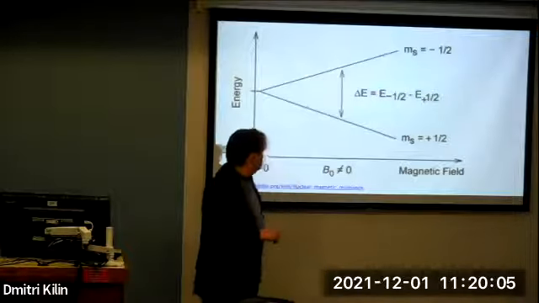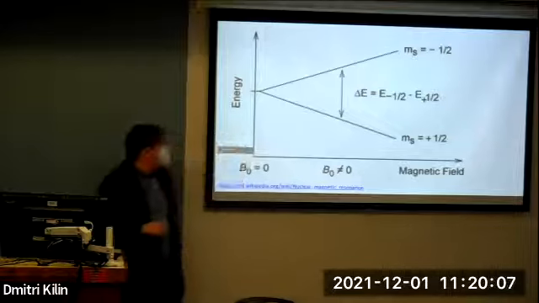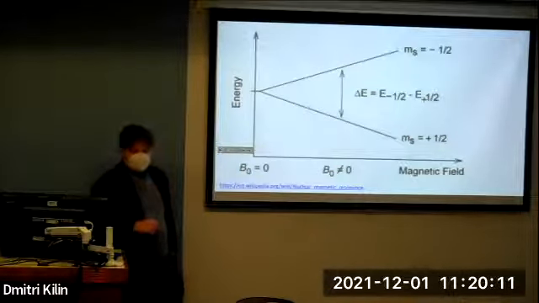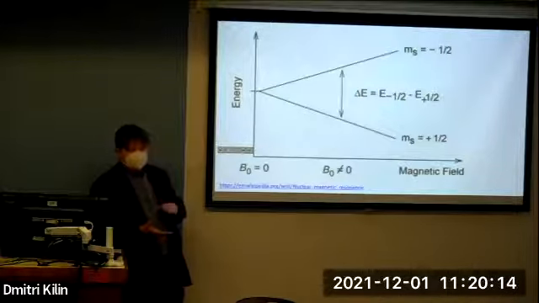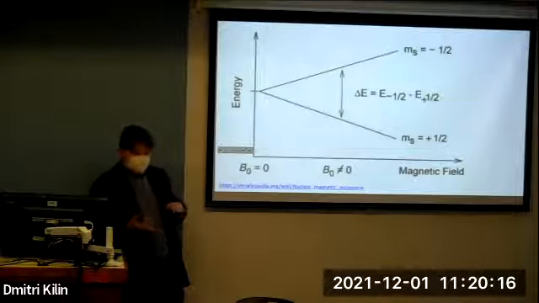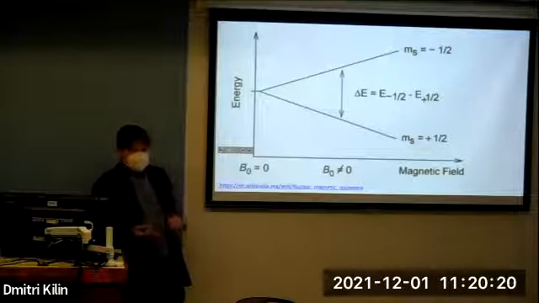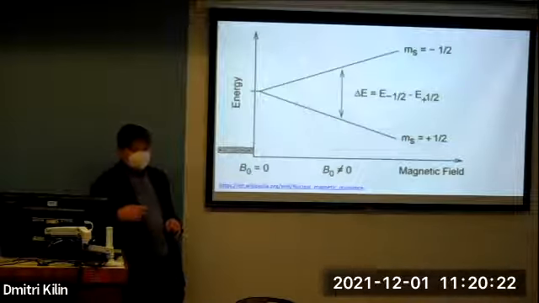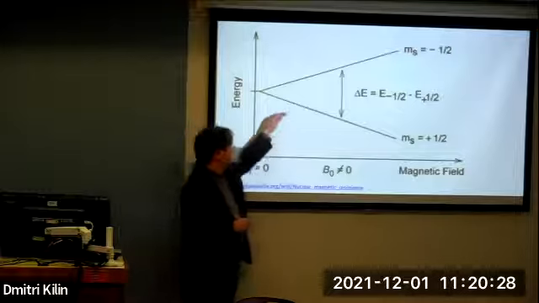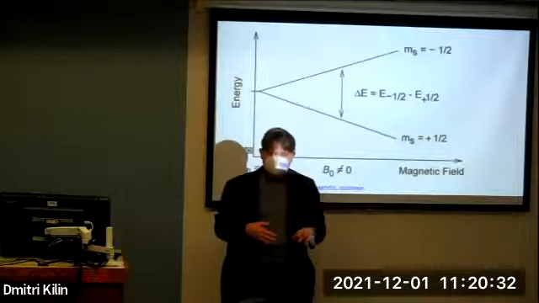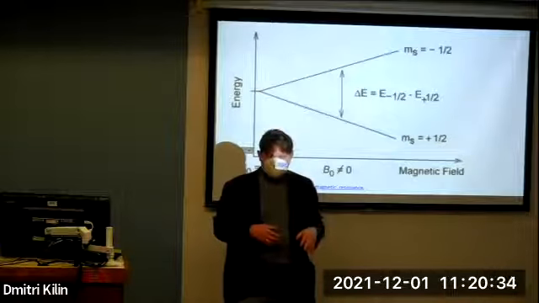This is the background for NMR: one always has a strong magnet, which doesn't change over time, a constant magnet. And second, radio frequency, a very low intensity magnetic field that changes over time. But this splitting of magnetic levels is the background of things.